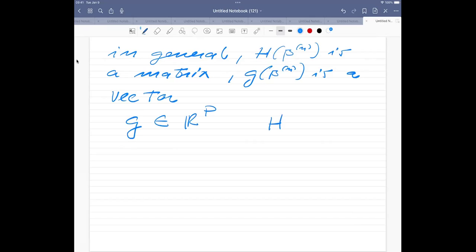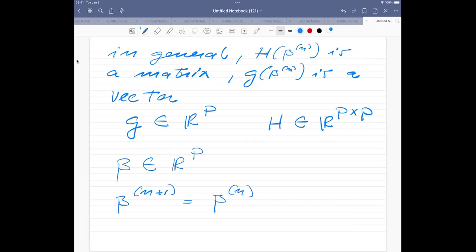And H is a matrix of dimensionality P times P. This means that beta, which has length P, gives us a recipe: beta of n plus 1 is equal to beta of n minus the inverse of the matrix H of beta of n multiplied with the vector G of beta of n.